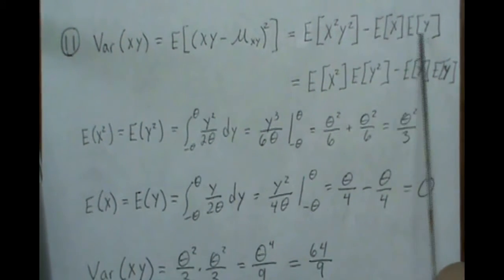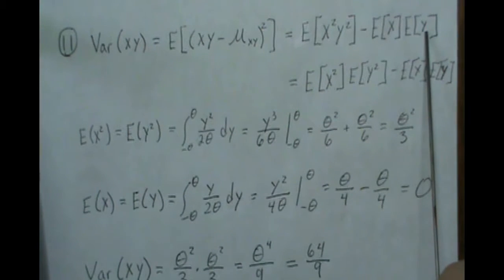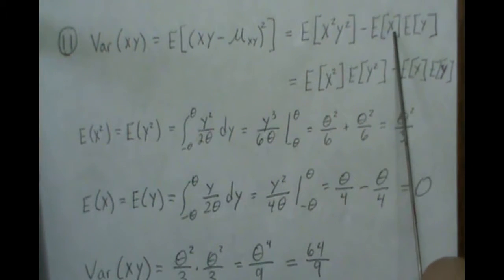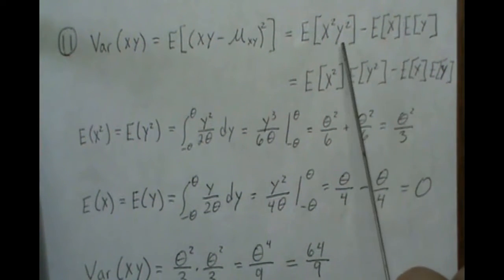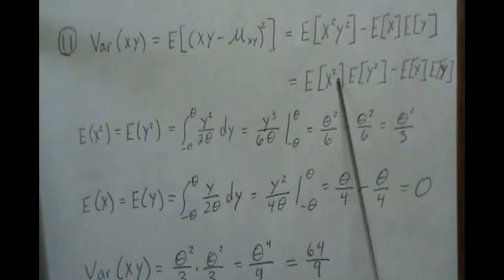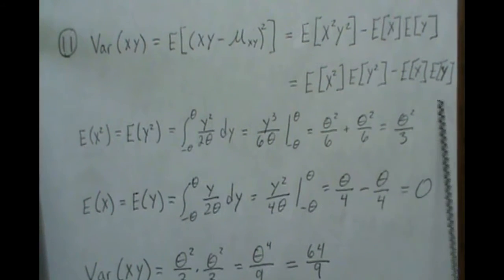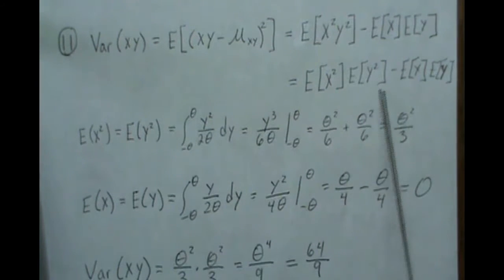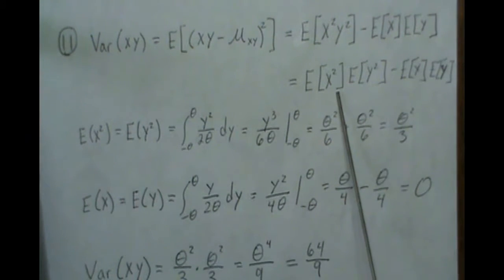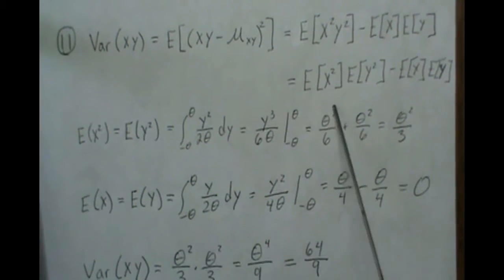But since they're independent, you can separate them. So this should be the expected value of x squared times the expected value of y squared, and so on. If we can find each of these components, we will be finished.